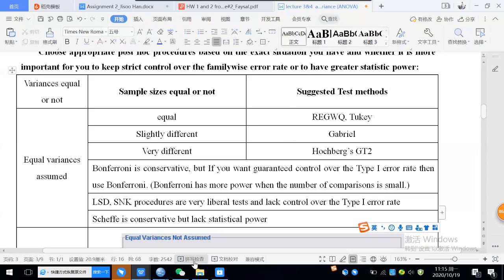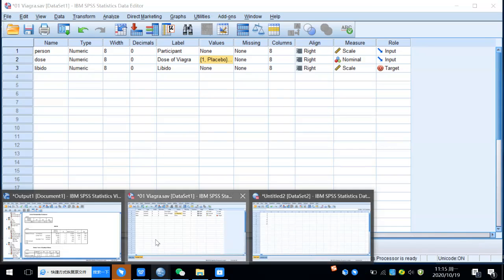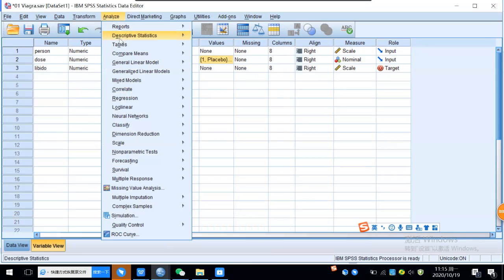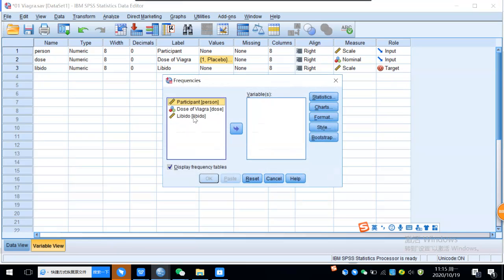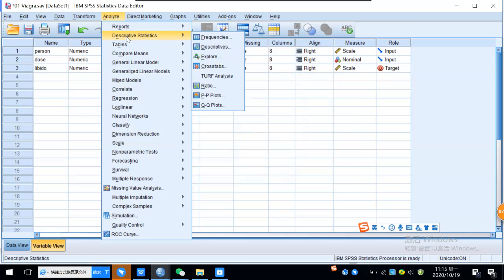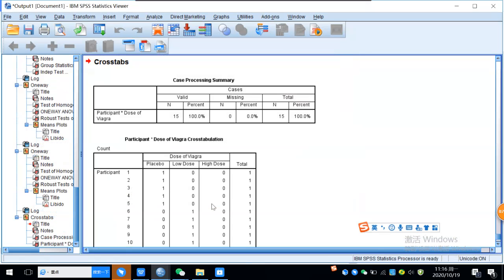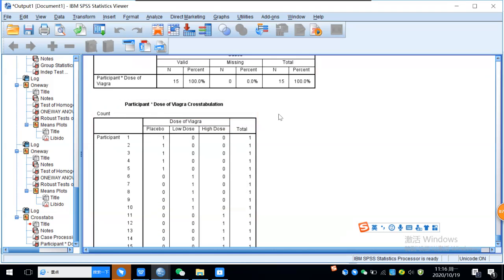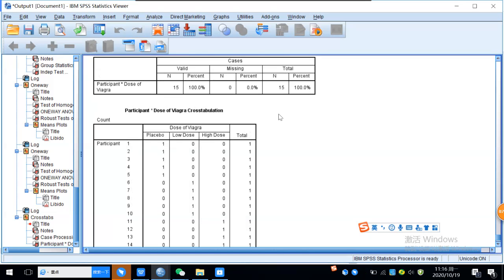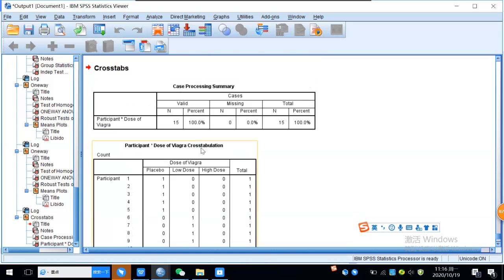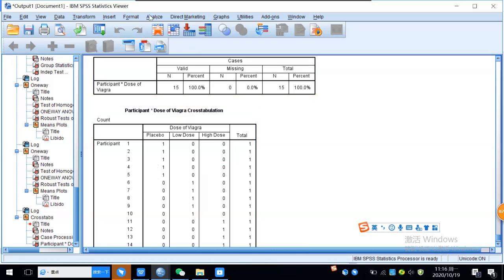So let's check. For example, here, no, not this one. We would use the cross tabs here. The participants, the dose of the Viagra. Sorry, it's not this thing.